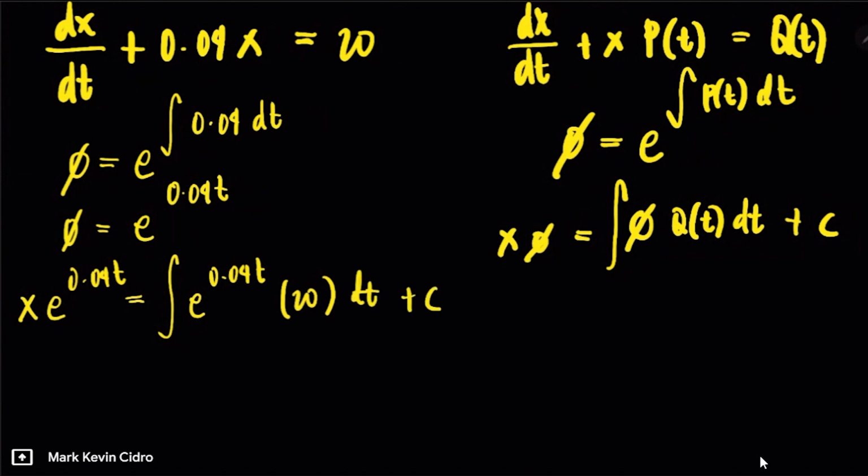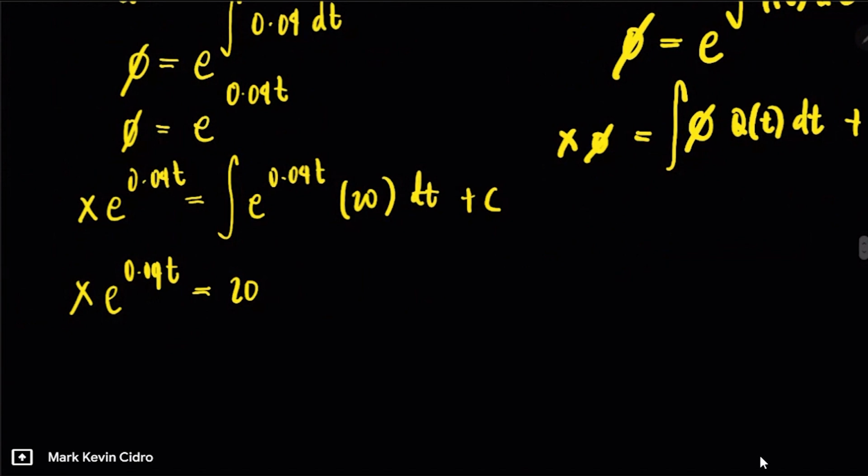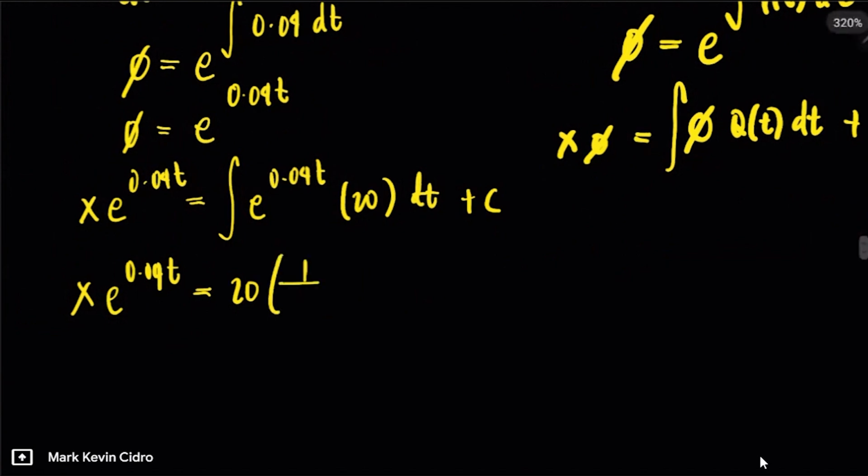Then 20 is constant, I can take it out. Then the integral of e raised to 0.04t, with the correction factor 1 over 0.04, is just e raised to 0.04t plus c.